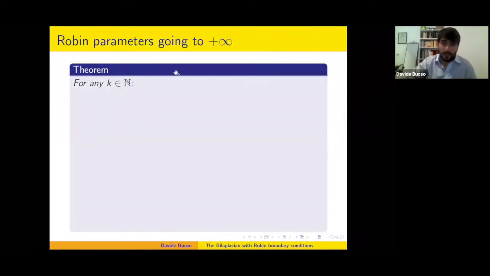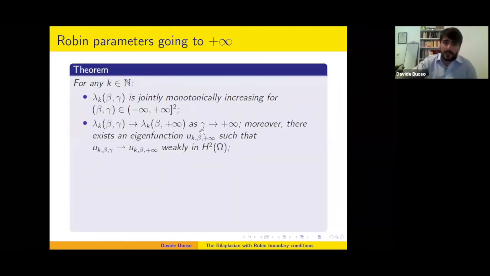So for any k, the lambda k is monotonically increasing with respect to both beta and gamma, as you may expect. When you send gamma to plus infinity, the eigenvalues converge to the eigenvalues of the Navier-Robin problem, which is what you expected, and you also have convergence of the eigenfunctions weakly in H2.